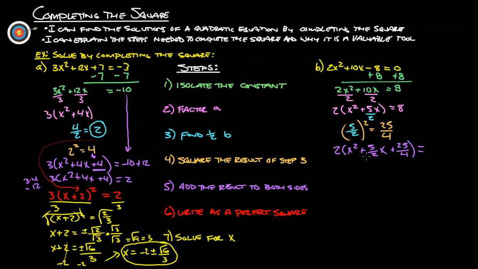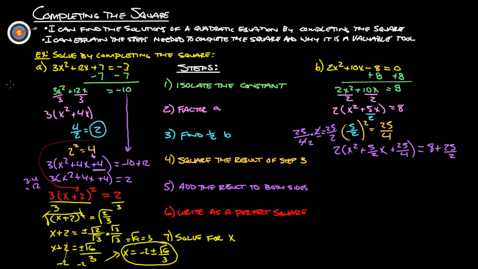And really, remember, we're doing 25 fourths times 2 is what we're actually adding to the right side. So we got to take our 8 and add 25 fourths times 2, which basically simplifies down to 25 halves. So 8 plus 25 halves.